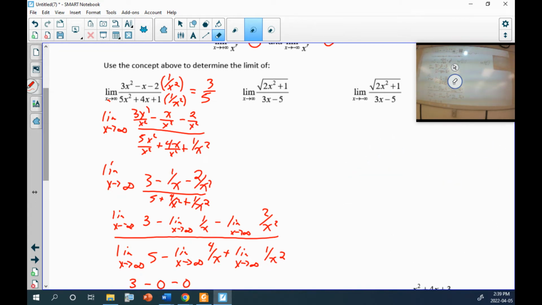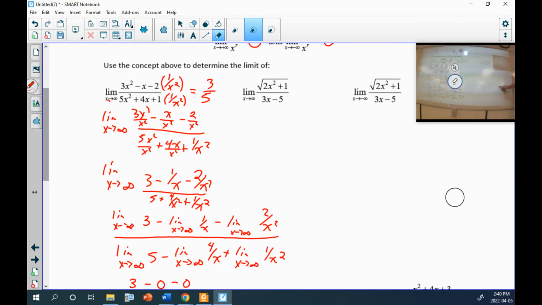What's the largest power in this one? One. Is that wrong? No, it is right, because we have the square root of 2x squared, which is just going to be x.